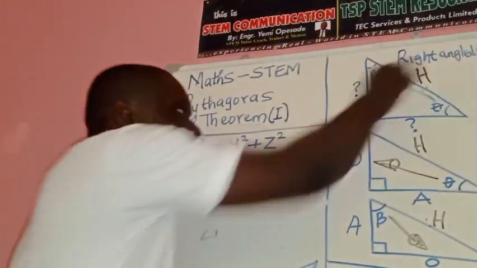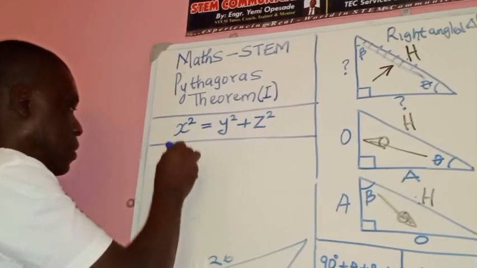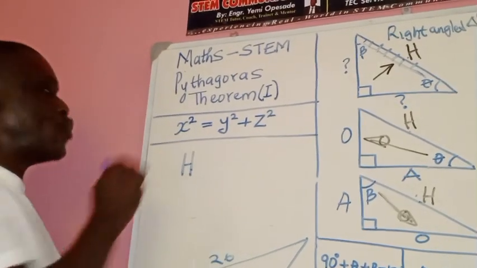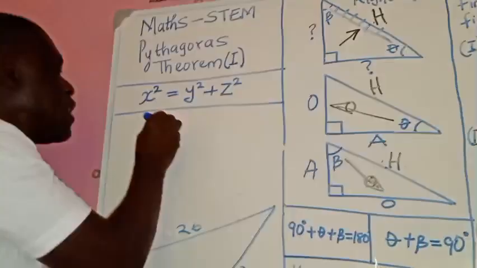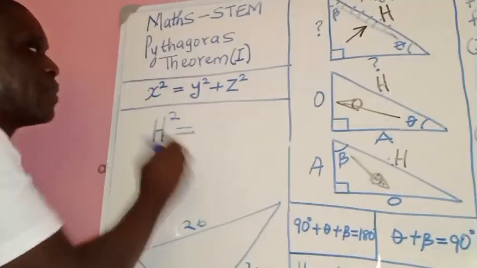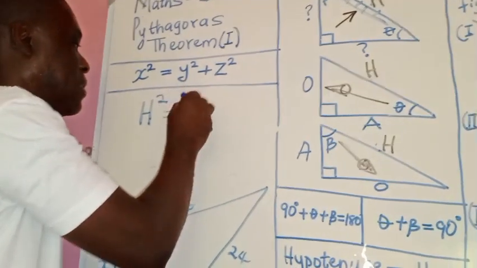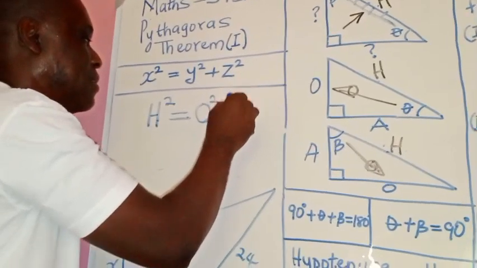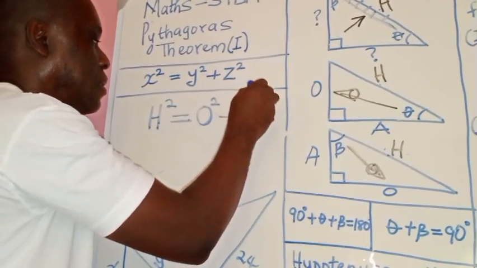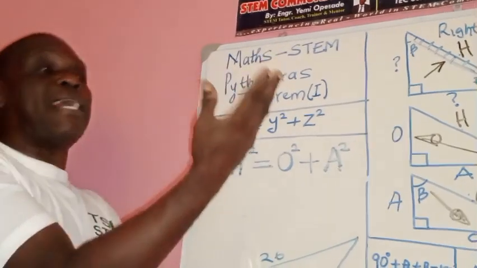If you pick the hypotenuse, letter H, and you square it, raise to the power 2, it must be equal, according to Pythagoras theorem, to the square of the other two sides, that is the opposite side squared plus the adjacent side squared.